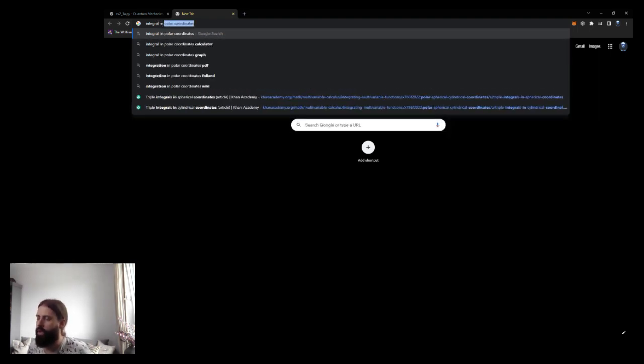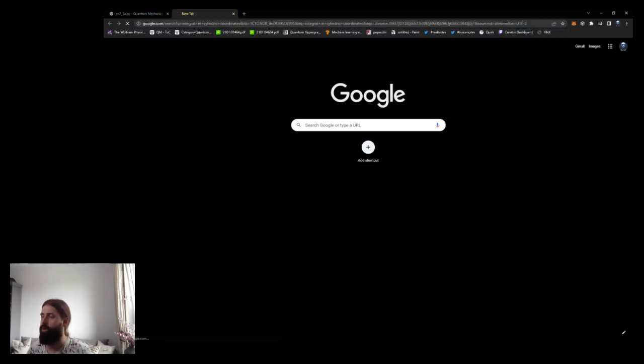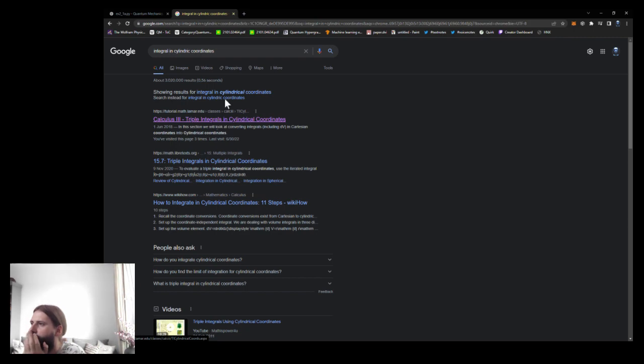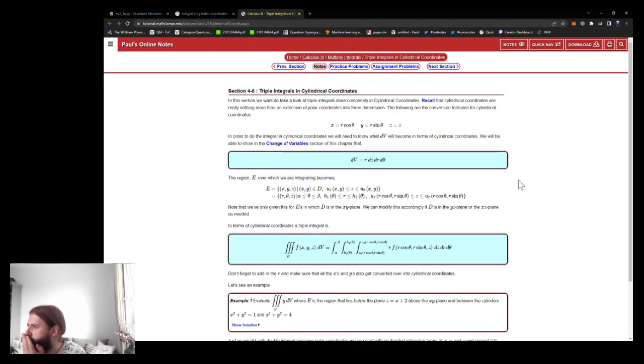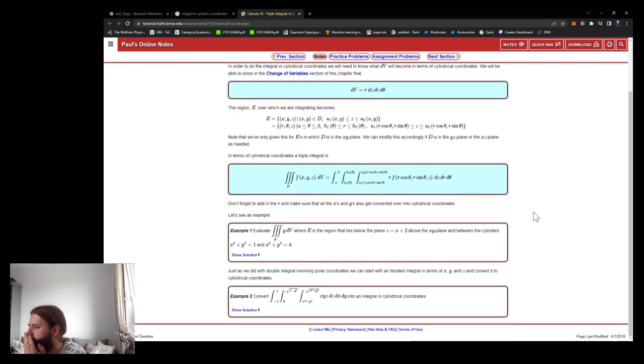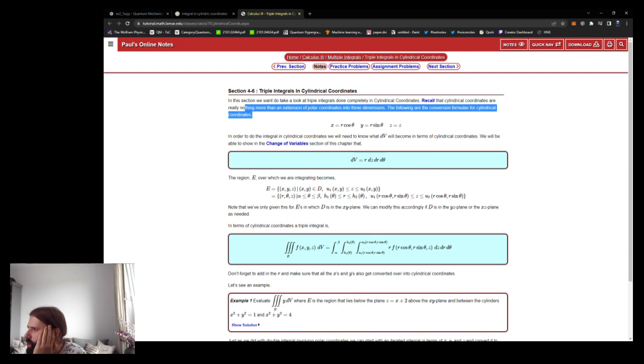Not polar, but cylindrical coordinates. Cylindrical coordinates. Why is it that here they do this thing where it's a change of variables, but they keep these things like that?